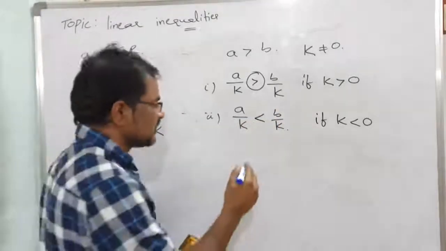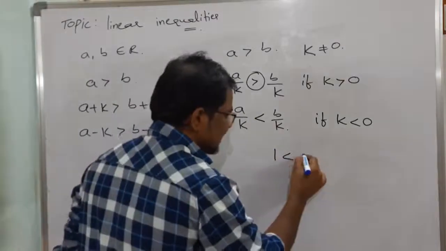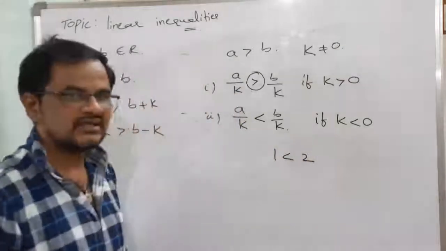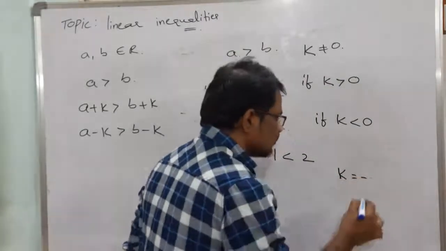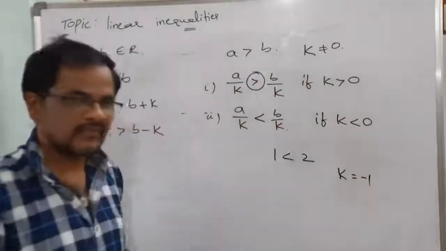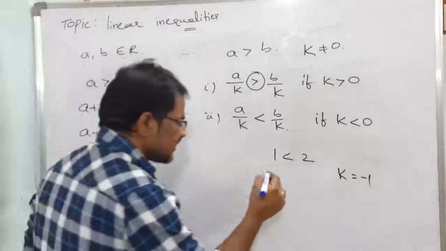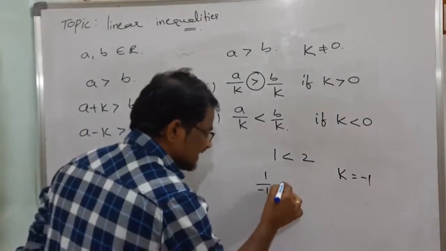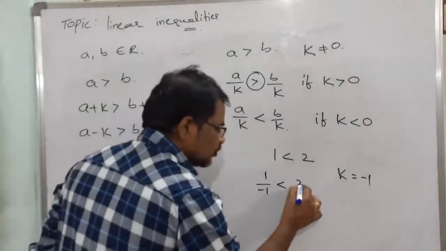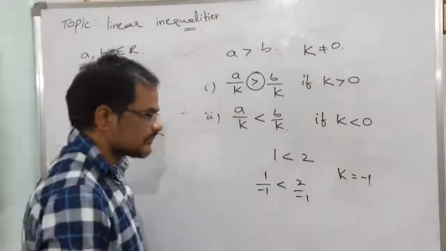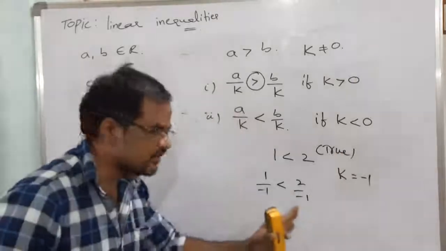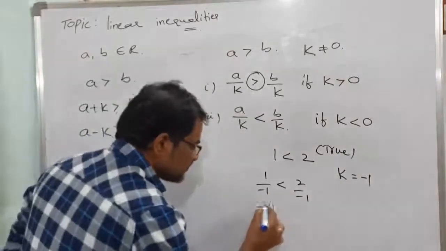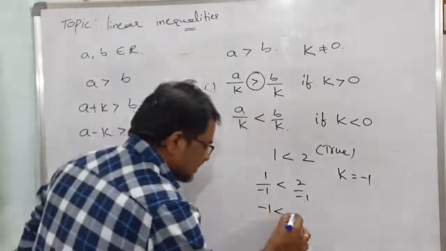For example, listen: 1 < 2. Now take k as a negative value, k = -1. Dividing by -1, 1/(-1) < 2/(-1), that is, -1 < -2.